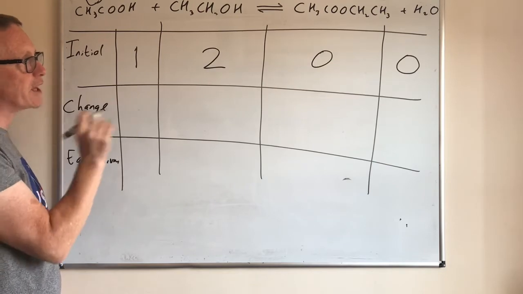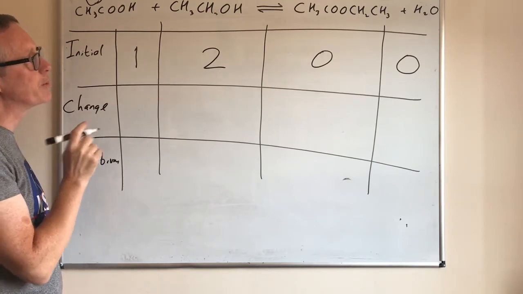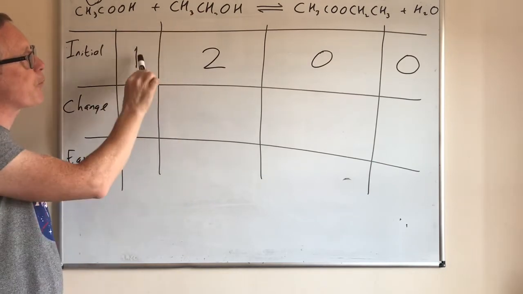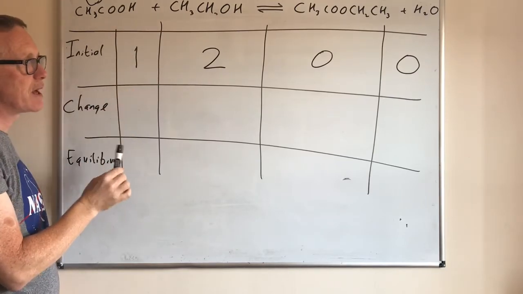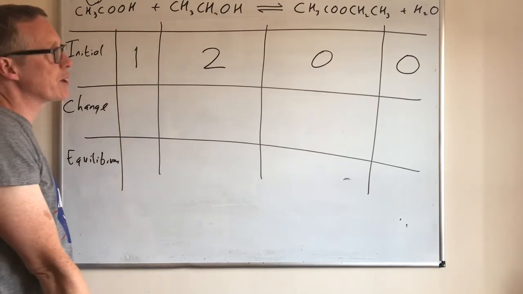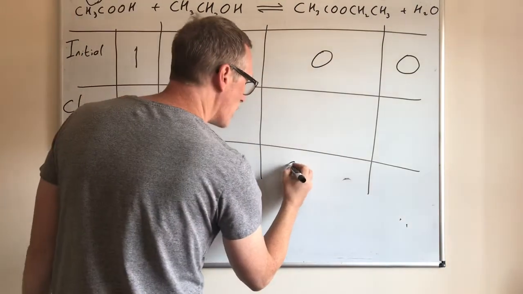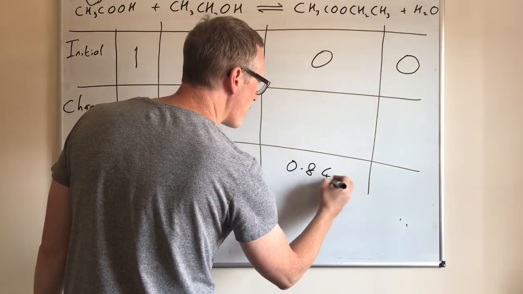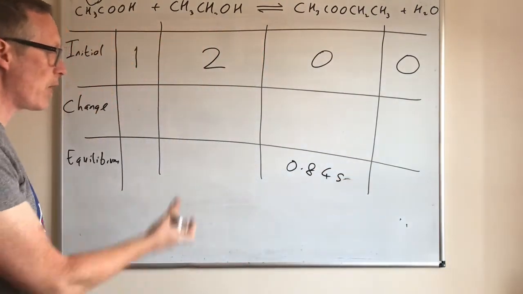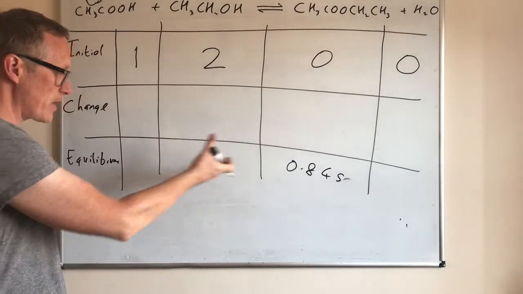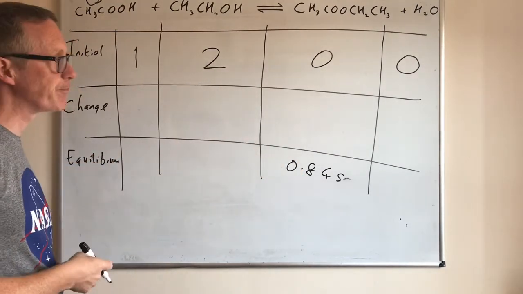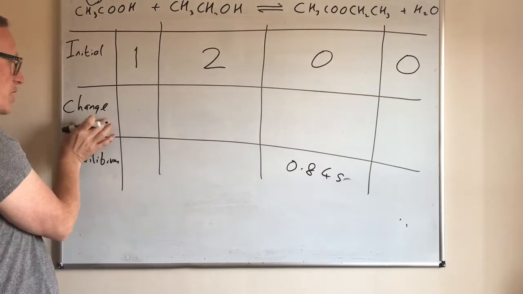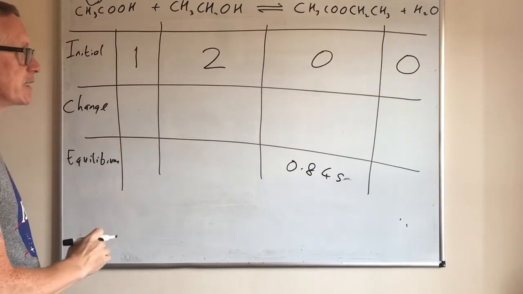So I've taken this information from the question blurb that there were 2 moles of alcohol and 1 mole of carboxylic acid, and I know that when we reached equilibrium the amount of ester was 0.845 moles. Now I can use that number to work out the other 3 numbers in the bottom line, and I do that by using this middle line, the change.